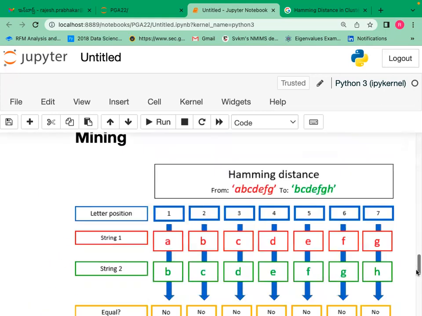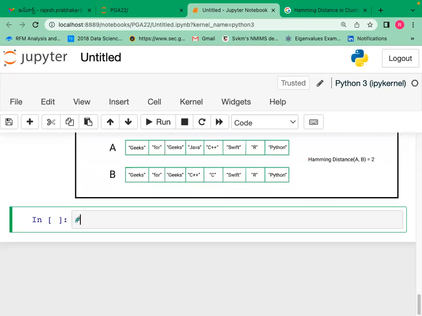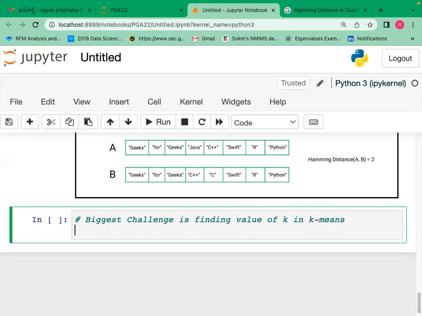Now, one of the biggest challenges is finding the value of k in k-means. You remember the k in KNN? K nearest neighbors.